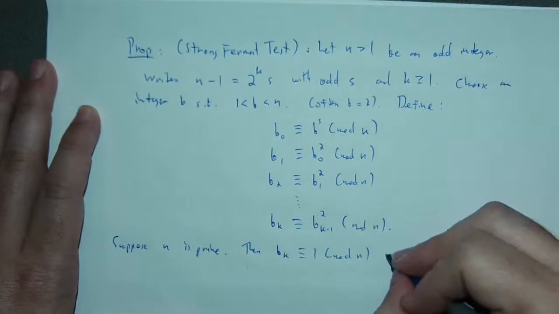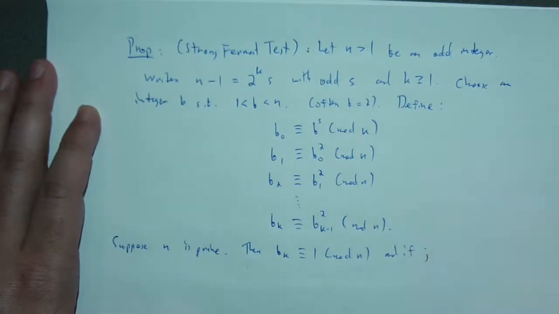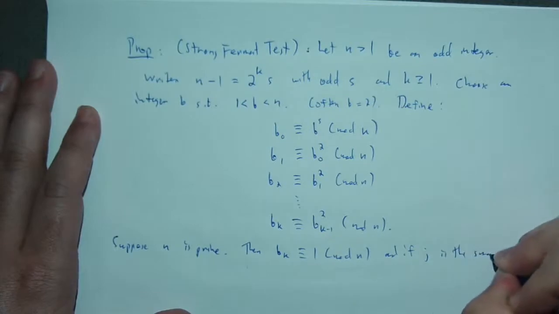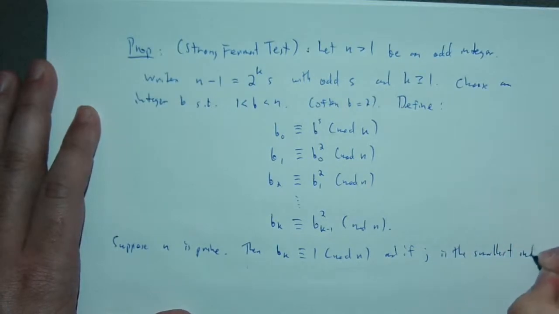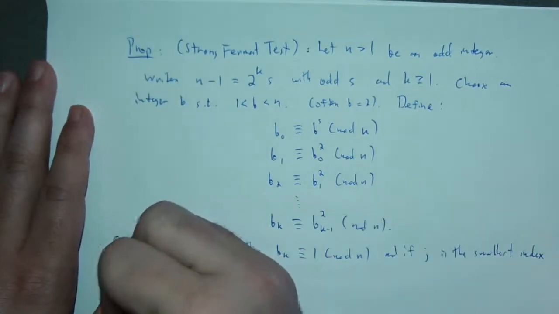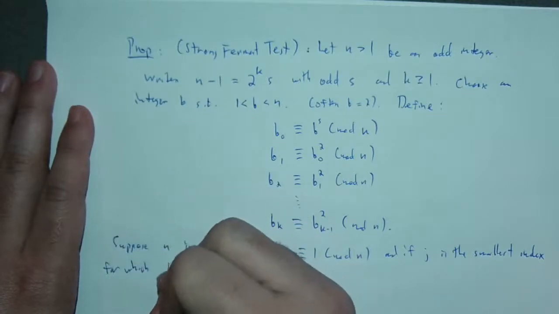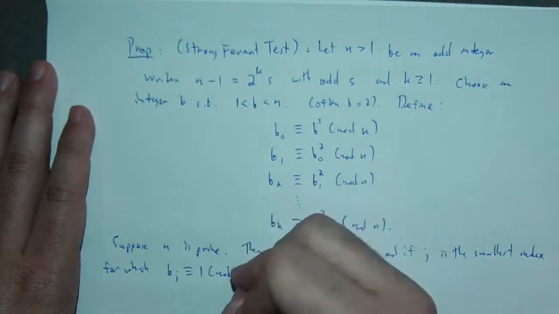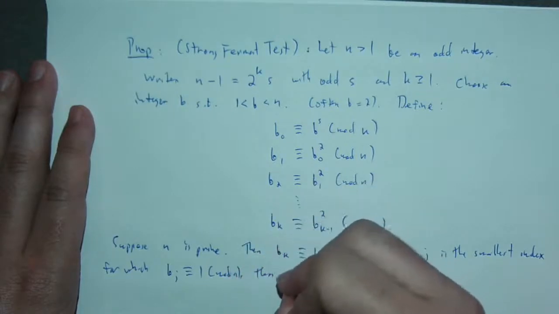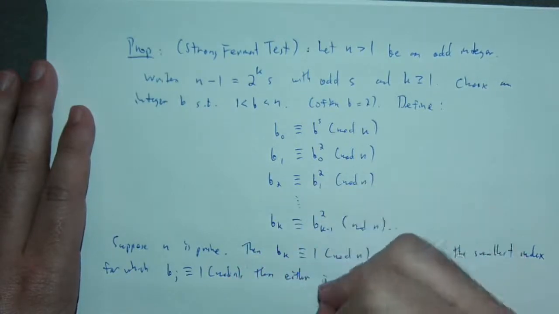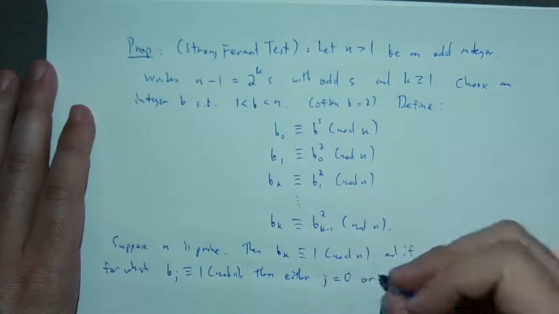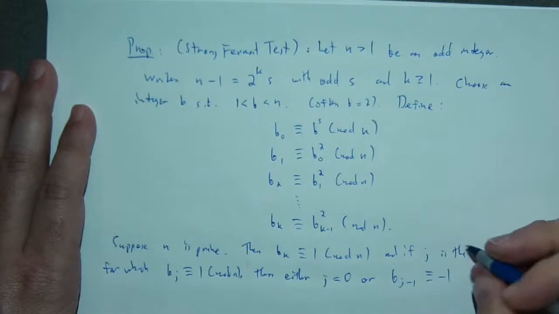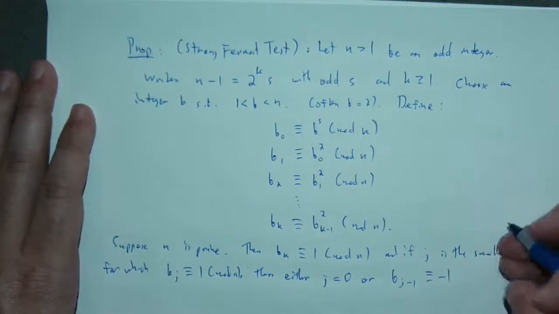And if j is the smallest index for which b sub j is congruent to 1 mod n, then either j equals 0 or b sub j minus 1 is congruent to minus 1 mod n.